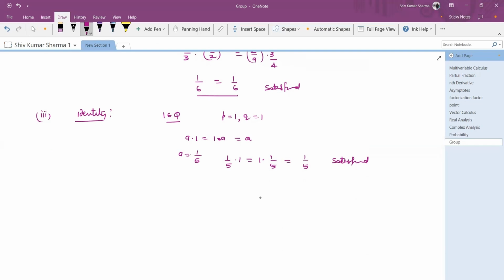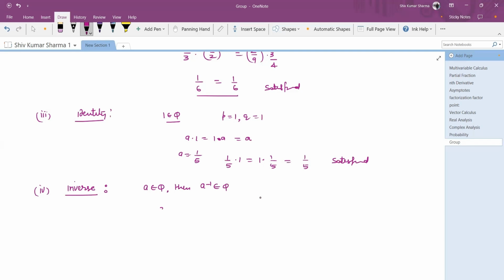So it satisfies the identity. Now fourth is inverse. In rational numbers, inverse also exists. If A belongs to the set of rational numbers, then A inverse also belongs to the rational numbers.